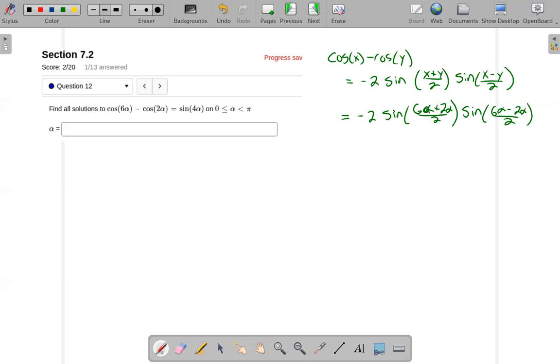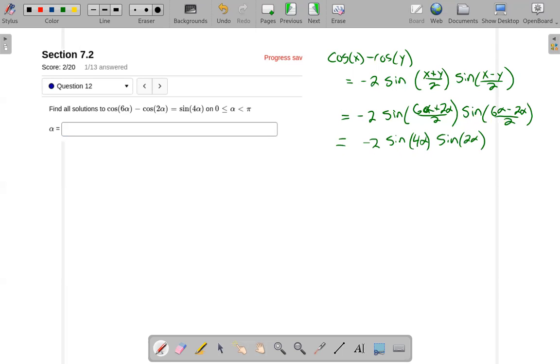So let's see if that helps. -2 sine, 6 plus 2 is 8, 8 divided by 2 is 4. So that's going to be 4 alpha. And then here I have 6 minus 2, which is 4, over 2 is 2 alpha.